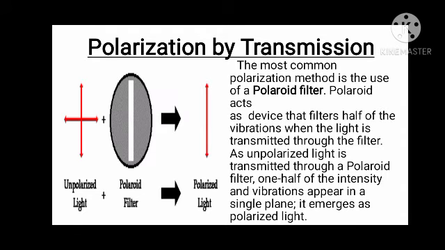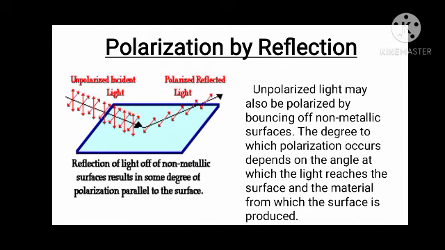The next one is by reflection. Unpolarized light may also be polarized by bouncing off non-metallic surfaces. The degree to which polarization occurs depends on the angle at which the light reaches the surface and the material from which the surface is produced.